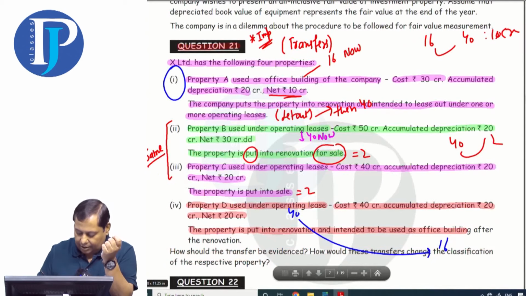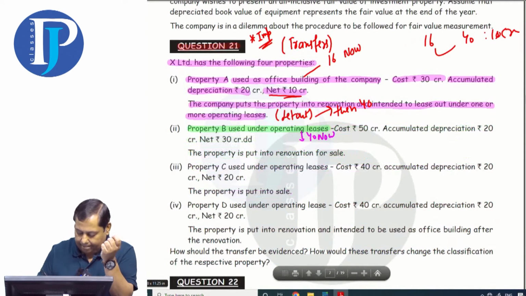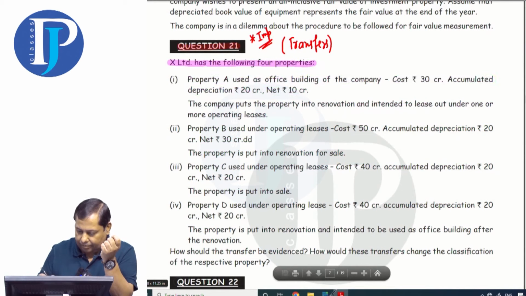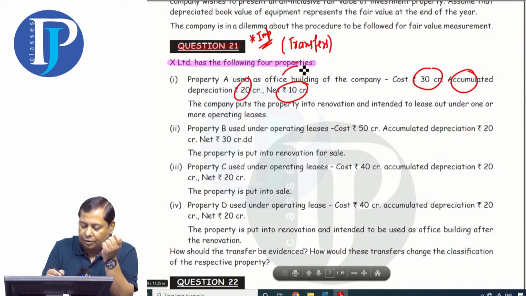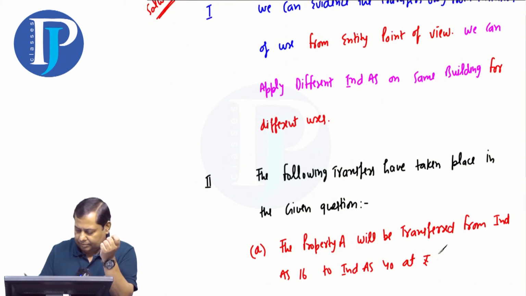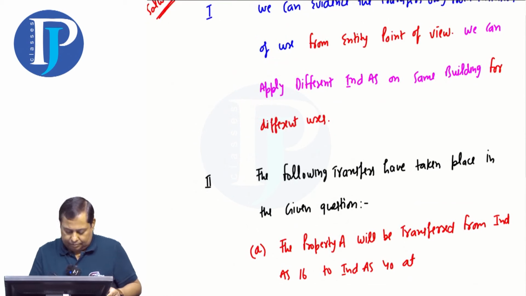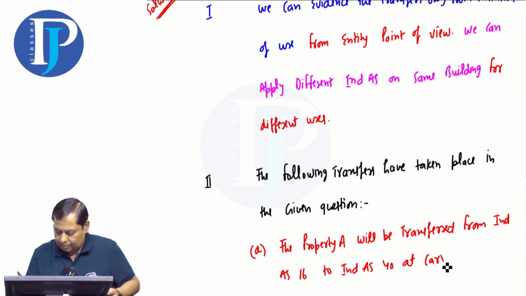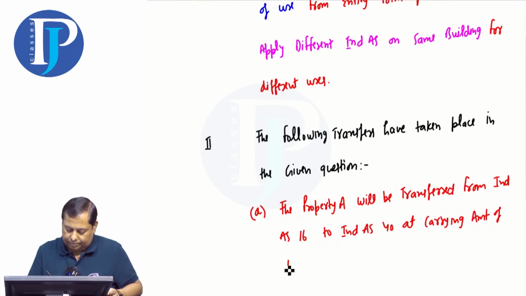So the property A here is 30 crores, 20 crores, 10 crores, was used as office building. It was an office building, so we applied 16, now we'll rent it out at the carrying amount of rupees 10 crores.